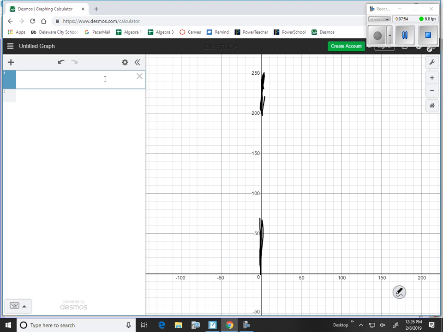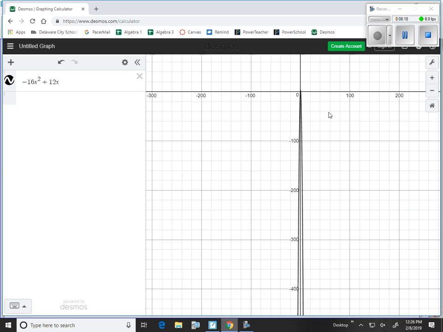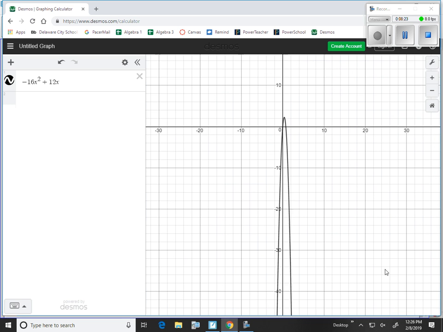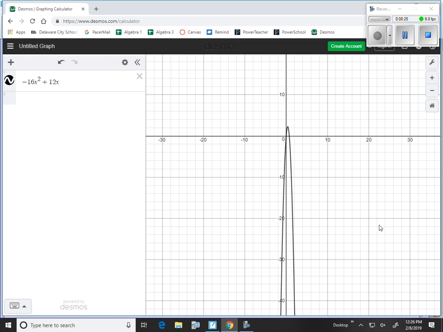Okay, number 3, go ahead and put it into Desmos. All right, that was a little bit better.